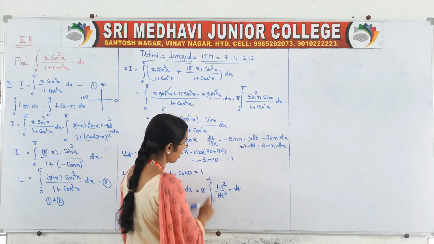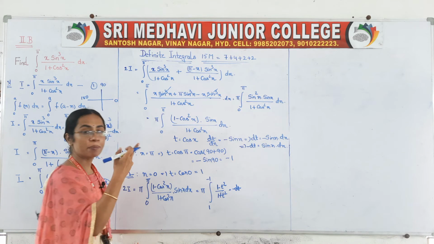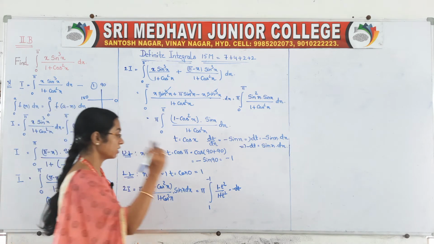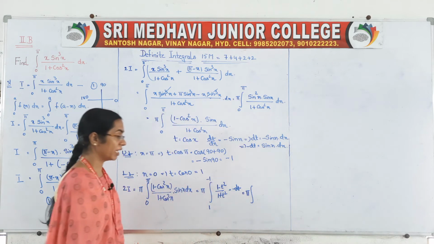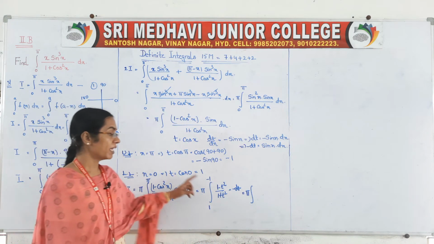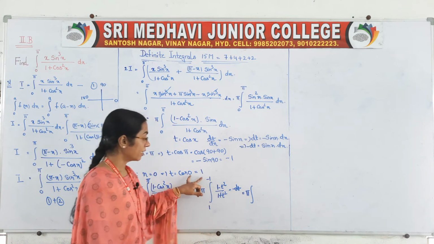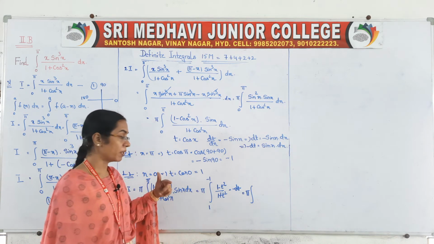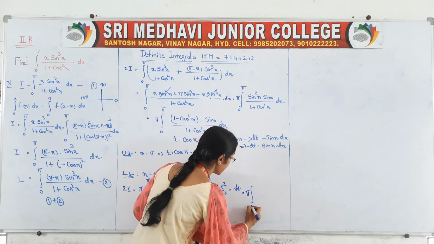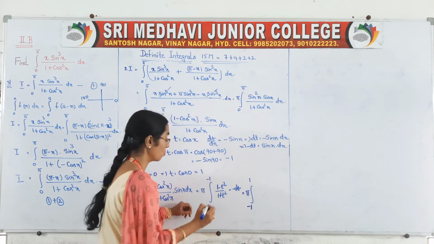Whenever a minus value is there, the limits will interchange. It is one standard formula. In the beginning you got 5 formulas, and I said whenever minus is taken, the limits will interchange: lower becomes upper, upper becomes lower. So it is minus 1 to 1.